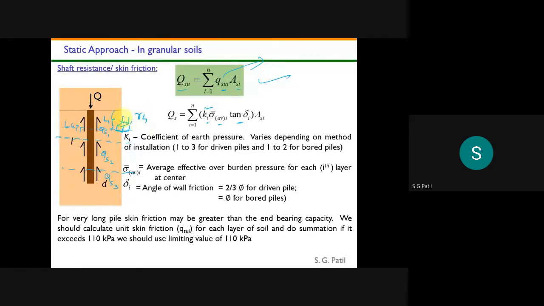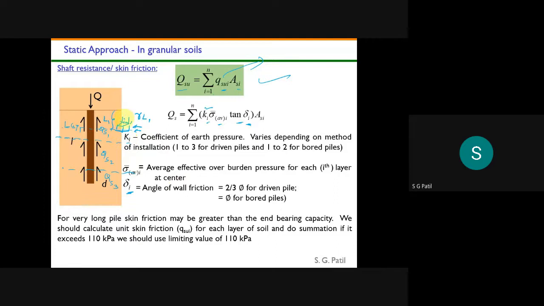Gamma times L1 is my vertical stress. Then what is your horizontal stress? The horizontal stress is nothing but K times your vertical stress. That is, your earth pressure coefficient times the vertical stress will give me the horizontal stress. That horizontal stress times tan delta. This delta is the wall friction, that means the friction between your pile and soil. So that is my delta.